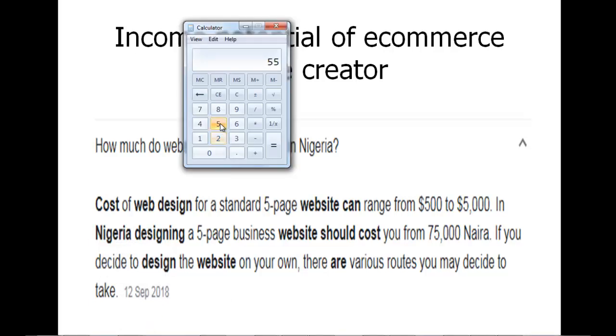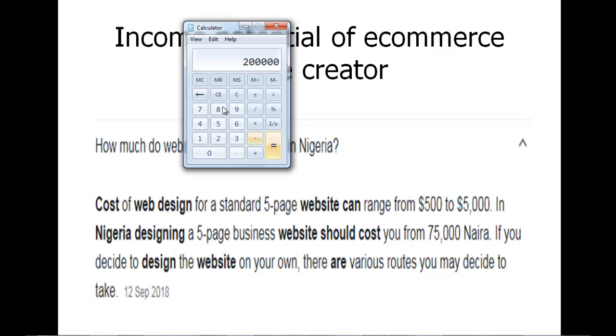I'm talking about $500 on average, times let's say 400, at least at the present dollar exchange rate in Nigeria now. That is 200,000 naira. So that means that in a month, if you are able to get 2 to 3 websites, you'll be talking about between 300,000 to 500,000 naira.